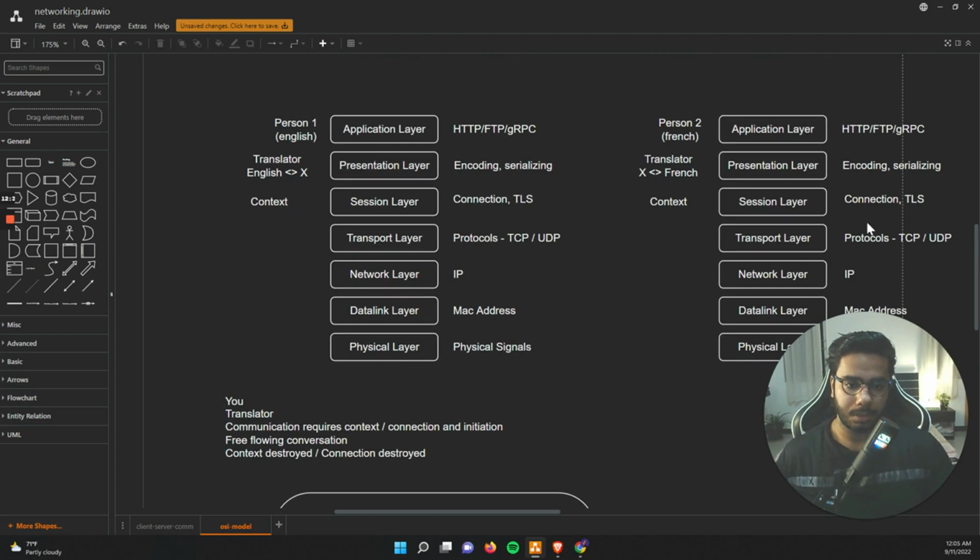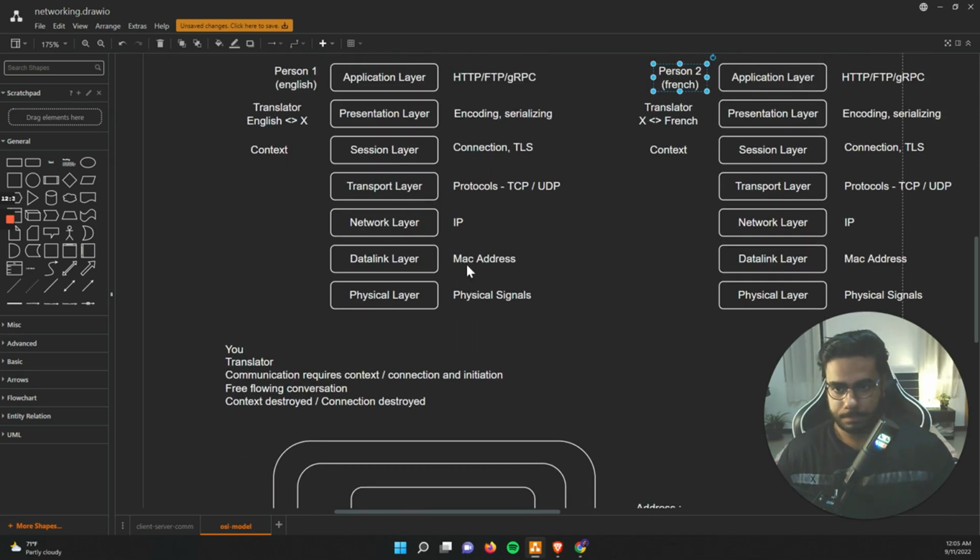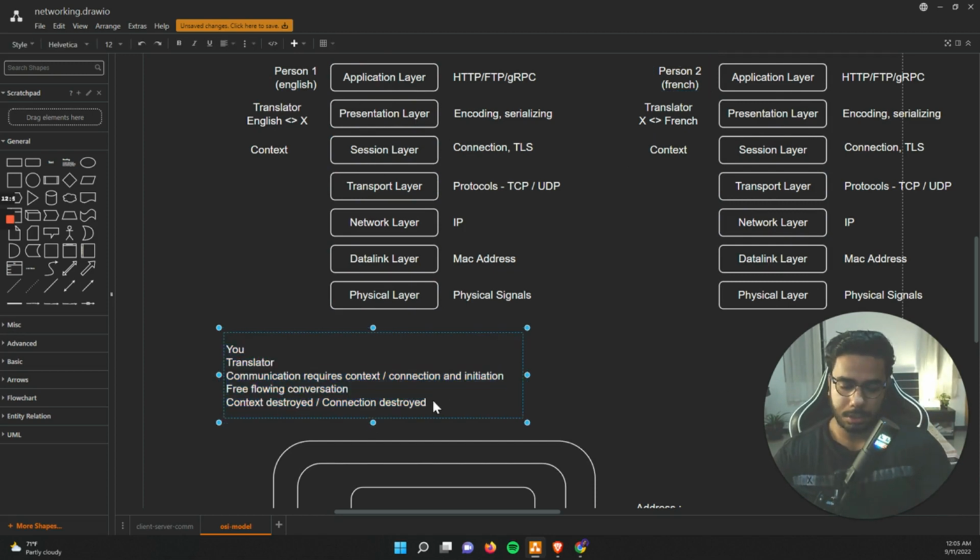Let's say the person doesn't live here, and maybe this person is trying to write some letter to this person for whatever reason. Then for the letter, one thing that comes up is that it needs to go from the source, and it needs to reach the destination. So keep these two words in mind.